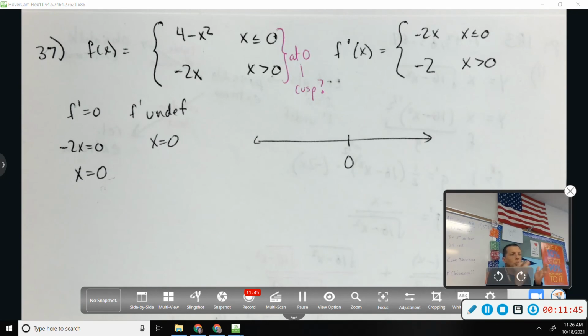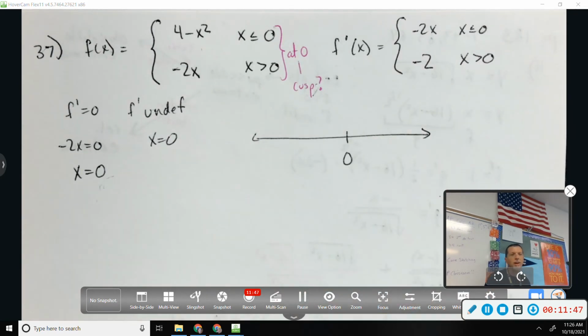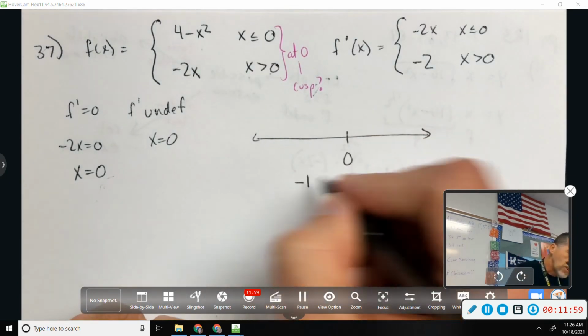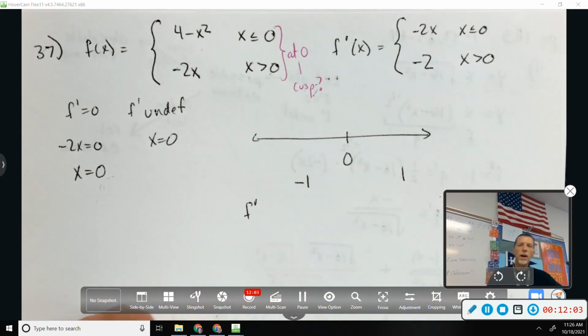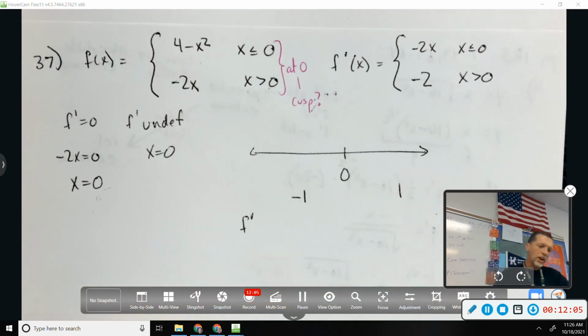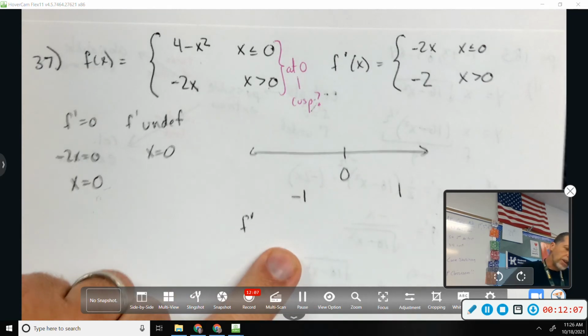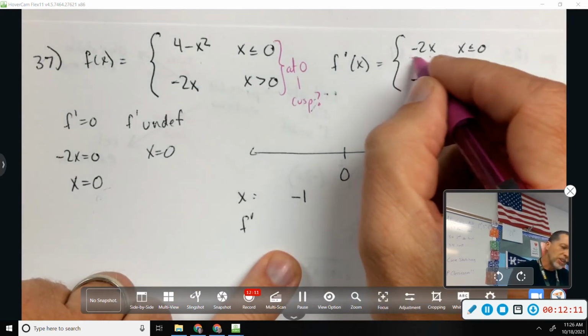Basically, any breakpoint is a critical point because you could have a cusp there, which would make the derivative undefined, which makes it a critical point. But is it? So let's try negative 1 and 1, plugging them into f prime. I've got to be super careful here. When x is negative 1, I'm using this formula.